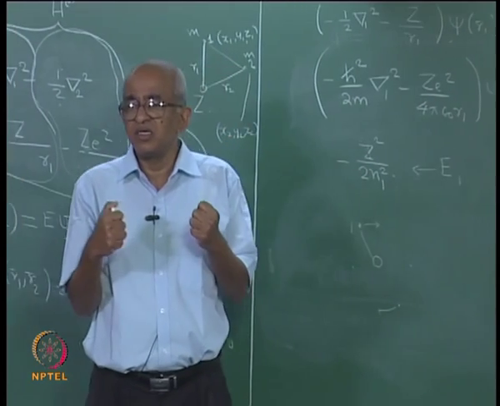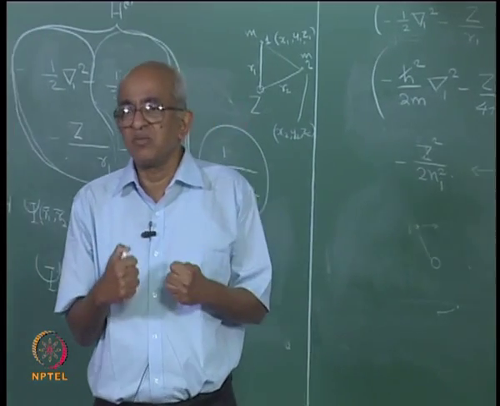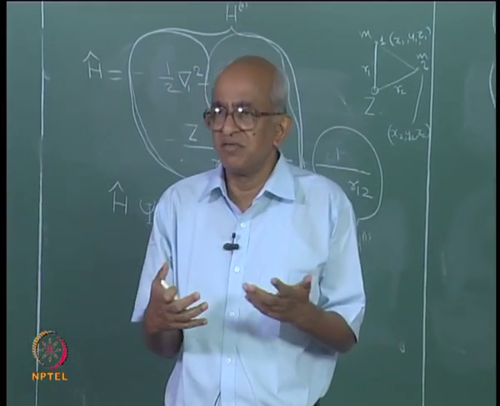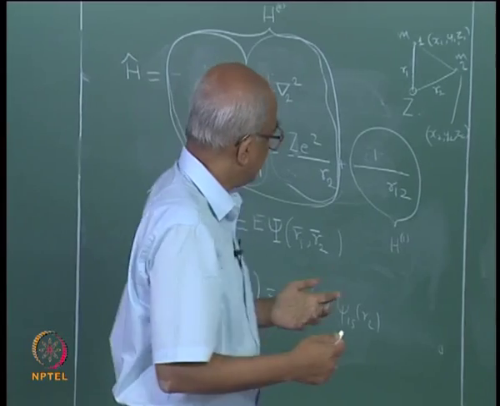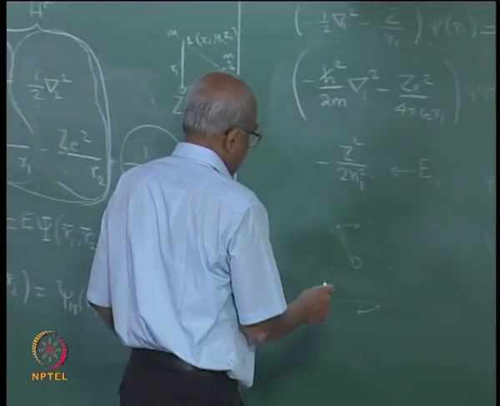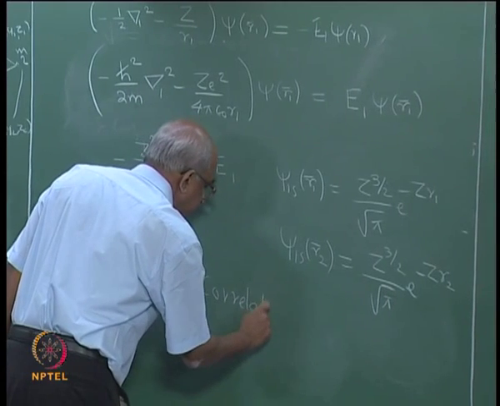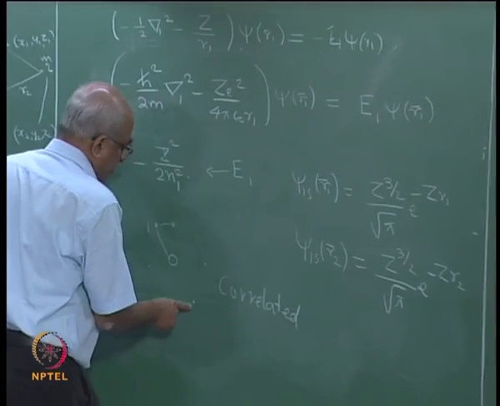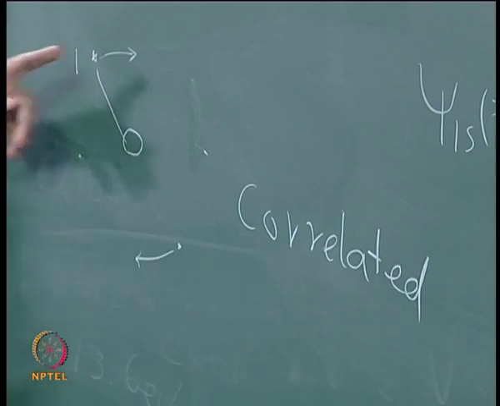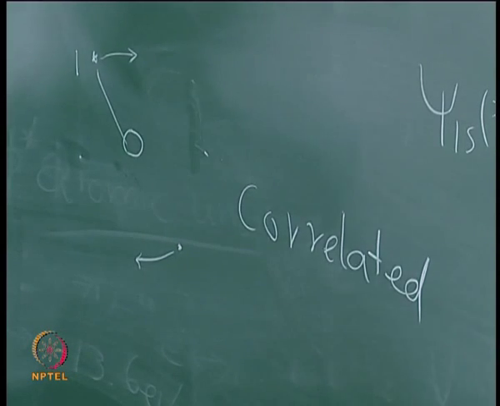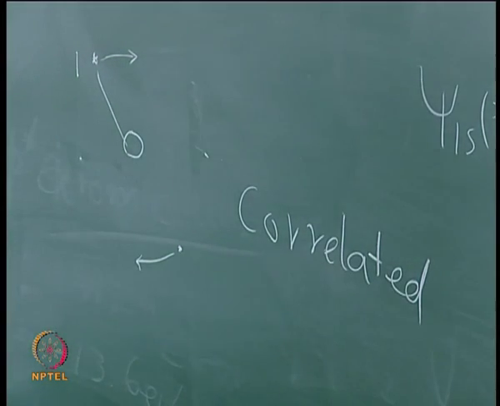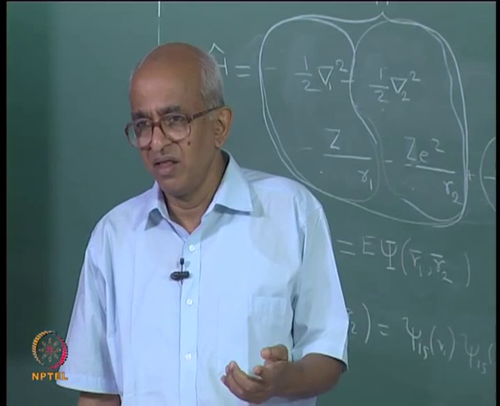So, that is how describing the motion of two electrons is extremely difficult. One says that the motions of the two electrons are correlated. The motion of the second electron will depend upon the instantaneous position of the first electron. That is the reason why things are difficult.